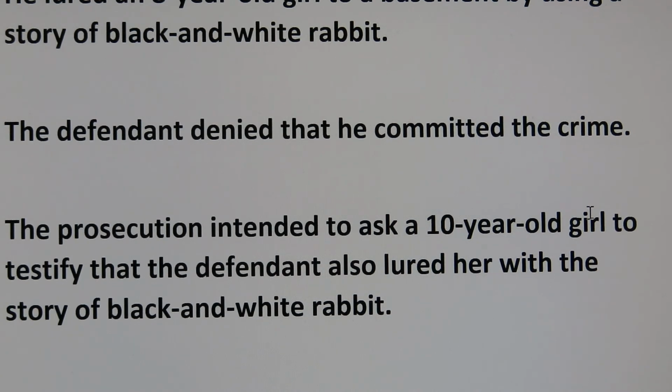We know we have many child molesters, but when they commit the crime, not necessarily all of them, it is not typical. Most of them would not use this story of a black and a white rabbit as a way to lure the victim of their crime. So this story of finding a black and white rabbit in this context should be considered a unique way of committing the crime.